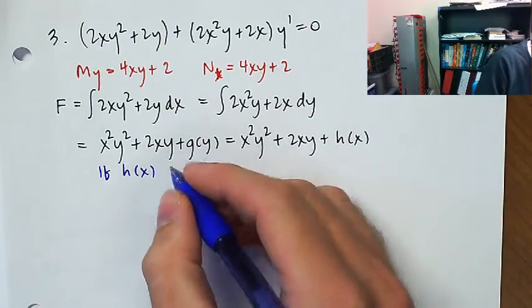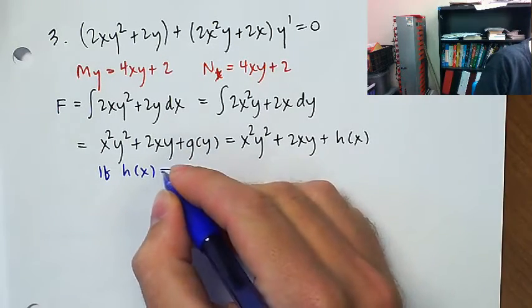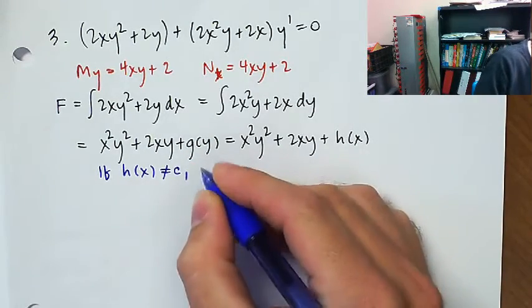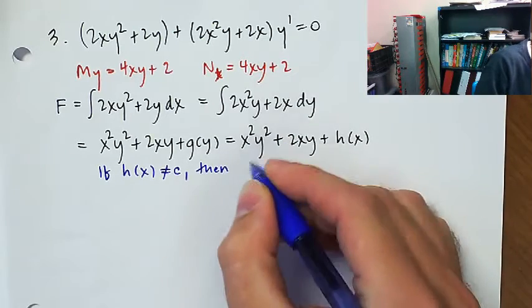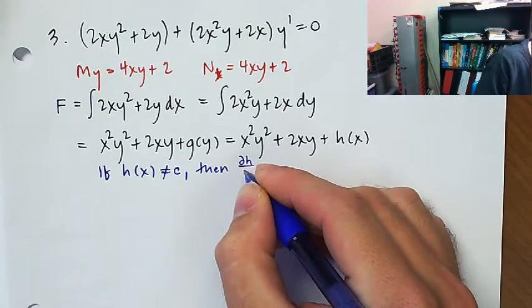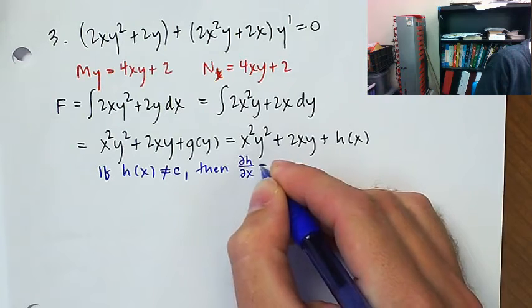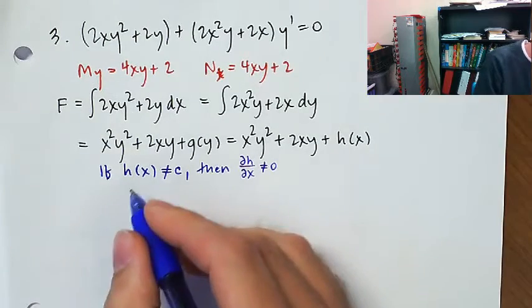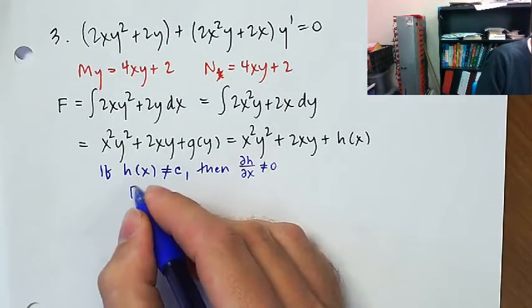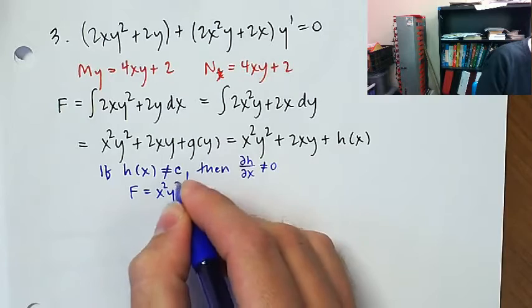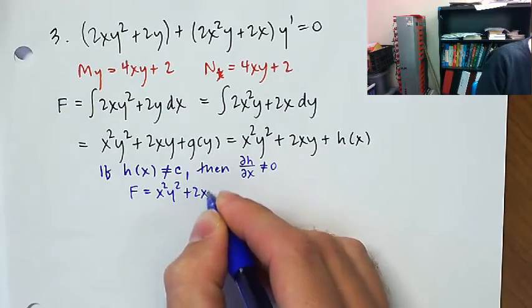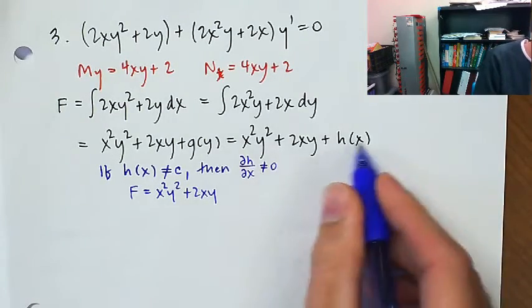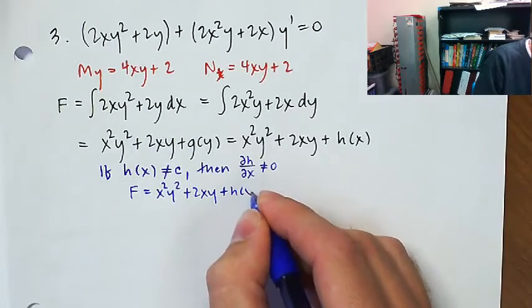So if h of x is not just equal to a constant, then the partial of h with respect to x is not equal to 0. But my hypothesis is f equals x squared y squared plus 2xy. Suppose it had a hanging h of x.